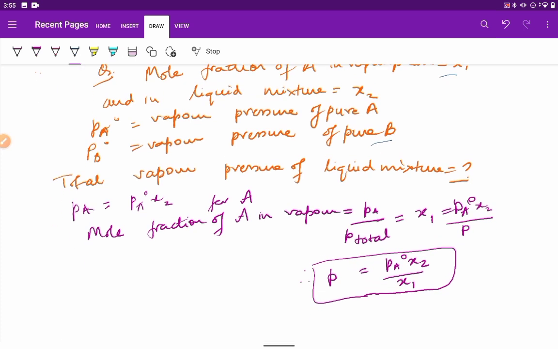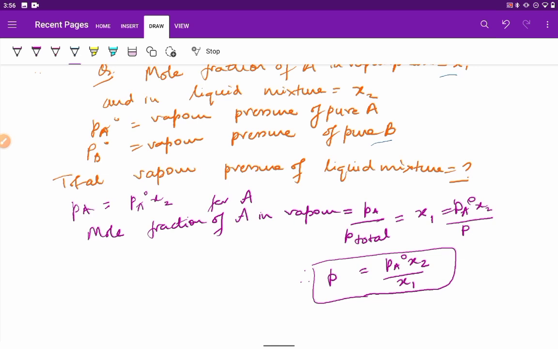Now see, Pa is equal to Pa naught x2. This is for A in the liquid mixture. Pa is the partial pressure only for A when it is in the liquid mixture. So mole fraction of A in the vapor will be Pa by P total.